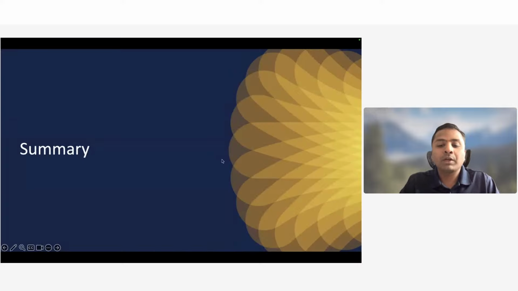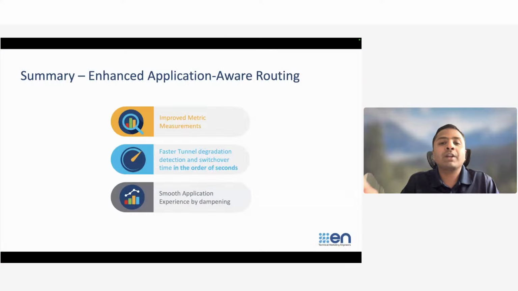I want to quickly do a summary. The key takeaways for this session: enhanced application aware routing provides improved metric measurements of loss, latency, and jitter by leveraging inline data packets, the packets going through the router, and BFD for reporting and fallback. It provides faster tunnel degradation detection time and switchover time in the order of seconds, which we have seen in the live demonstration.